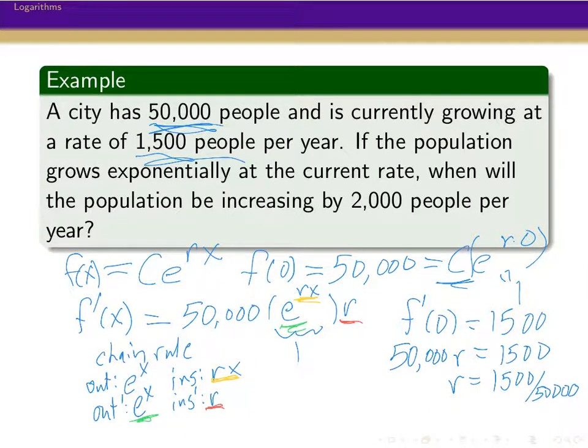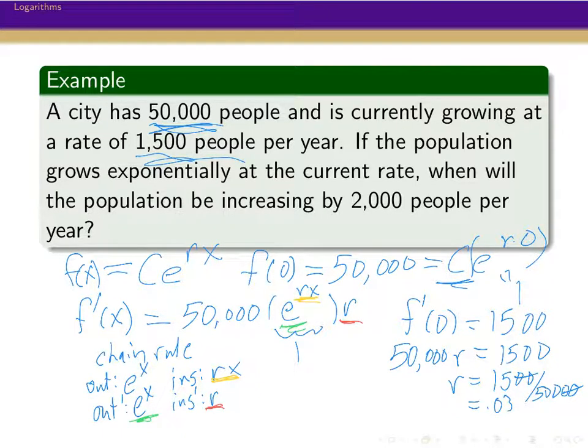I believe we can cross out some of these zeros, so we have 15 over 500, which I think simplifies down to 0.03. Right, if we divide 15 over 500 by 5, we get 3 over 100. Let me just double check. Yep, 0.03. Okay, so now we know what our function is.